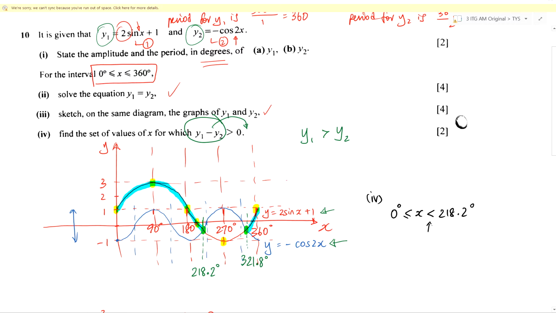That's why this inequality is just smaller than, as compared to greater than or equal to. So this is one set. The other set of values will be x is greater than 321.8, but smaller than or equal to 360 degrees.